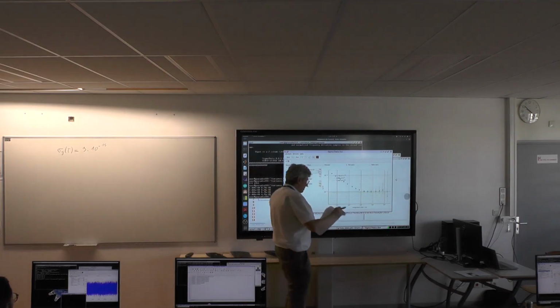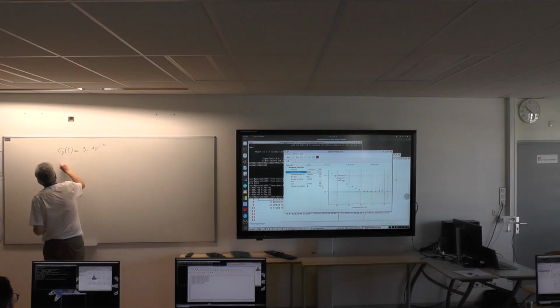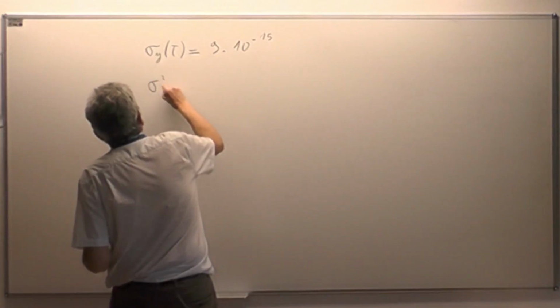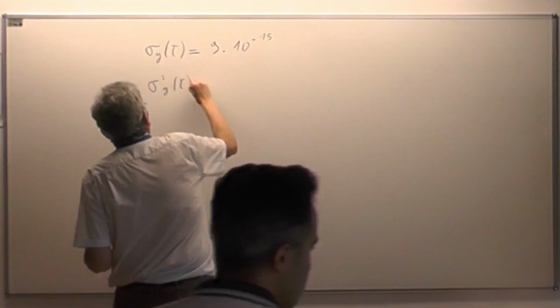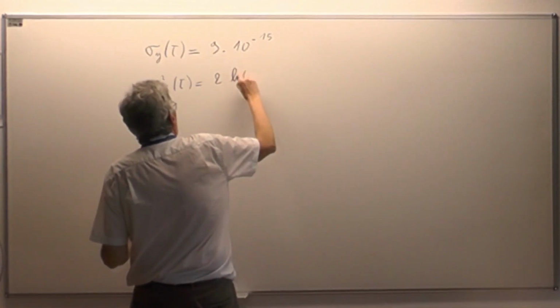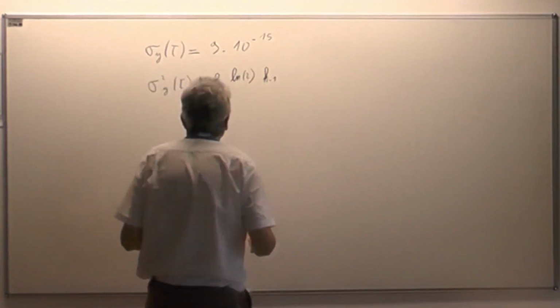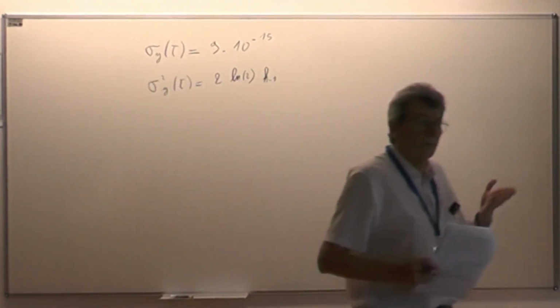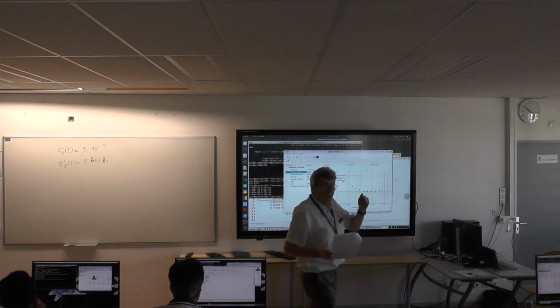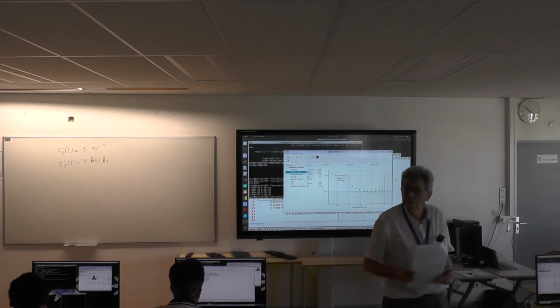And you know that sigma square of tau is equal to 2 log of 2 h minus 1. The goal is to obtain the noise level, the flicker frequency noise level.